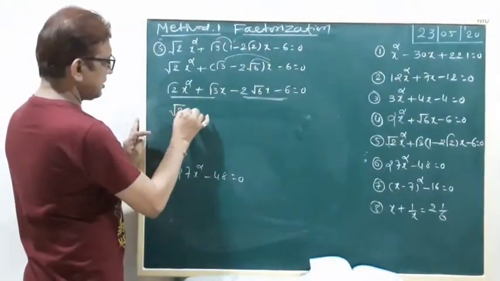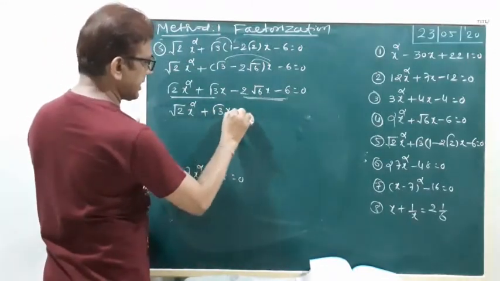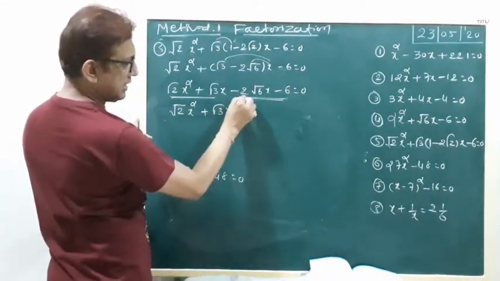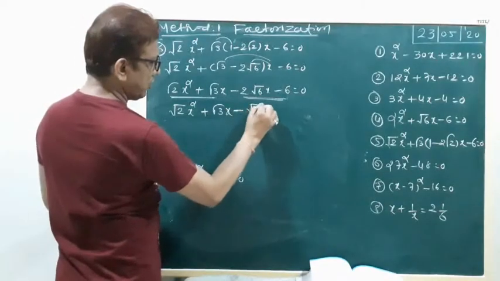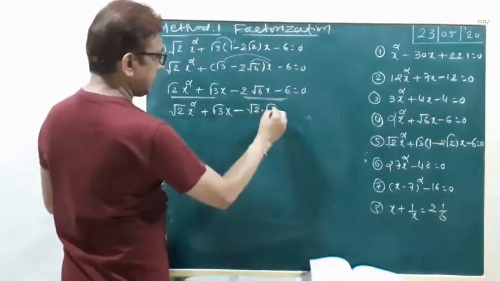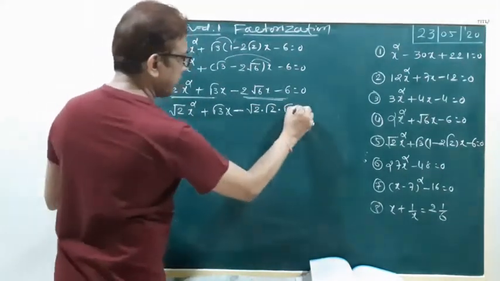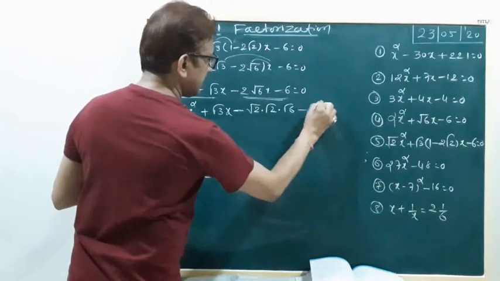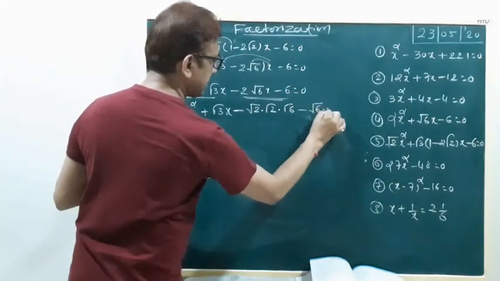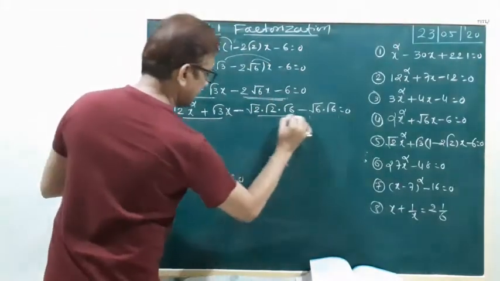So here 2x square root 3x minus. Okay. Here is splitting 2. Here root 2 into root 2. Right? And here root 6 as it is. Okay. Then we write here 6 as root 6 into root 6. Okay. Again.